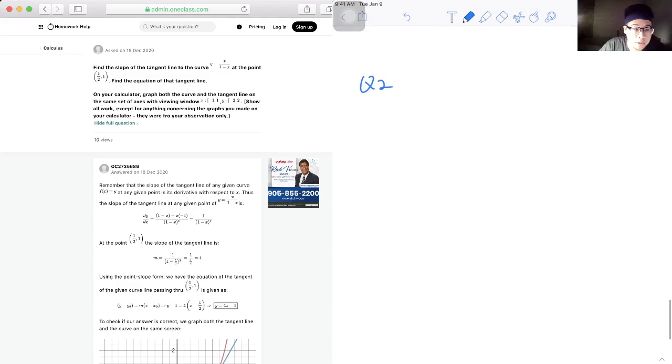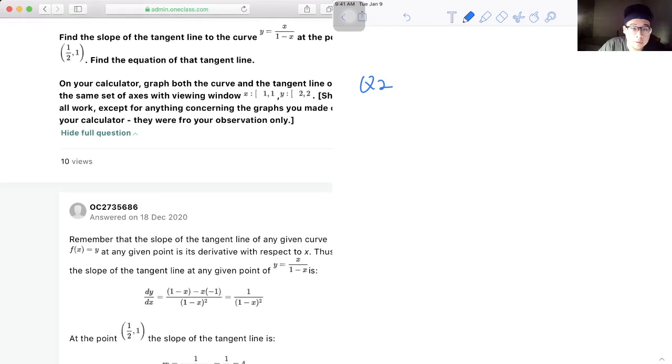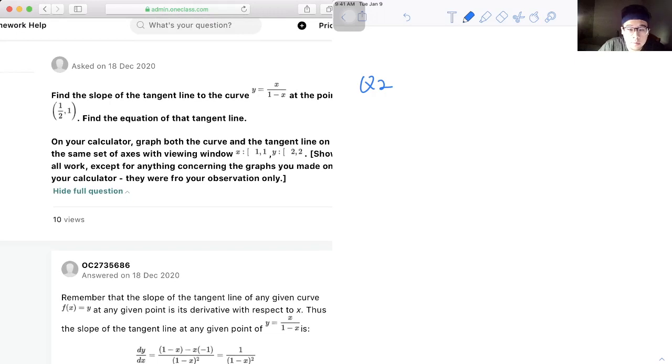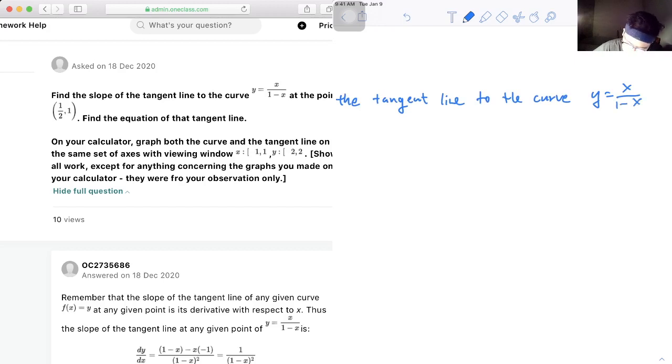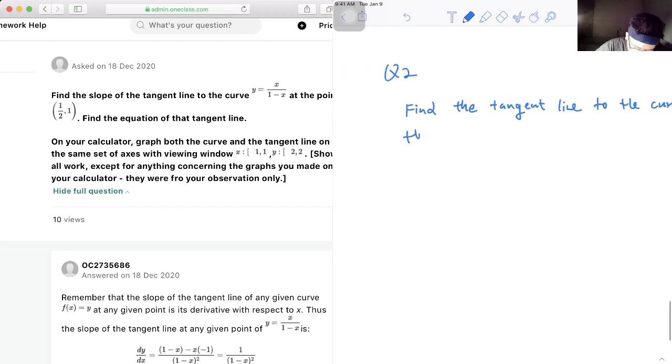Okay, so our second question today is asking us to find the slope of the tangent line to the curve y is equal to x over 1 minus x at the point 1 over 2, 1.